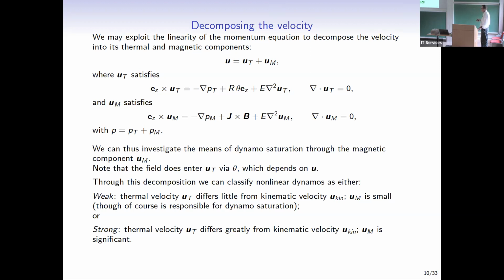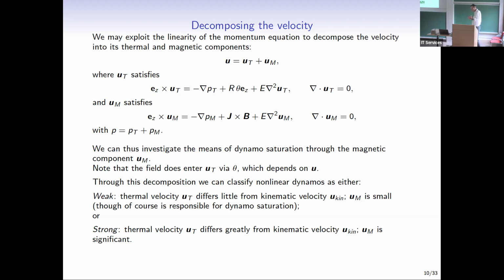So the weak field dynamos, this is how we're going to do it. For the weak field dynamos, the thermal velocity differs little from the kinematic velocity, and u_m is small.